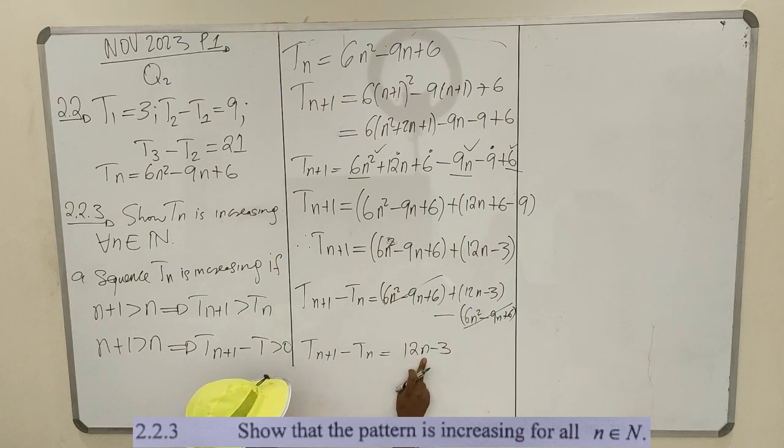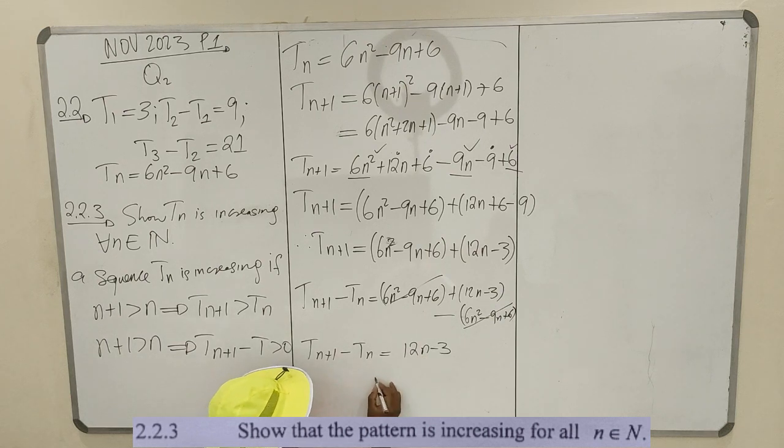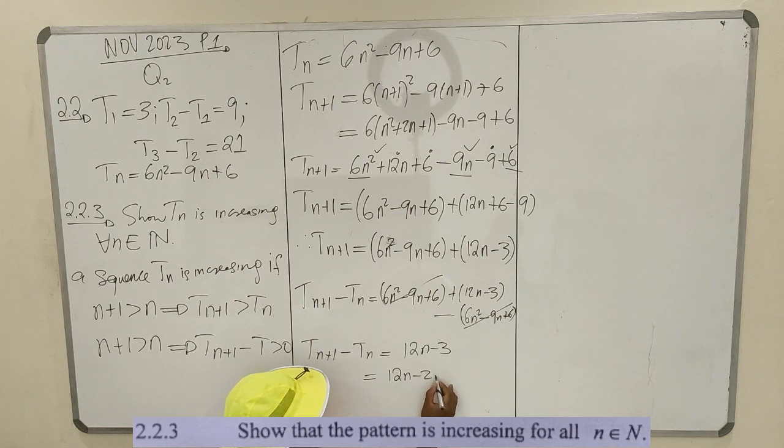Is this greater than 0? Yes, but not very obvious to see. So you can say okay, you have 9n plus 3n, which makes 12n, minus 3.